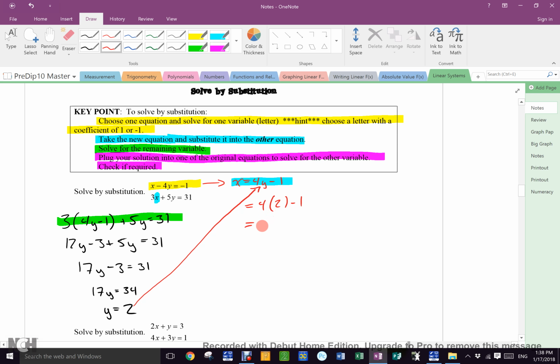What's 4 times 2? 8 minus 1. What's 8 minus 1? 7. So x equals 7 and y equals 2. 7, 2. And then I check it. Is 7 minus 8 negative 1? Yes. Is 21 plus 10 31? So I did it right.